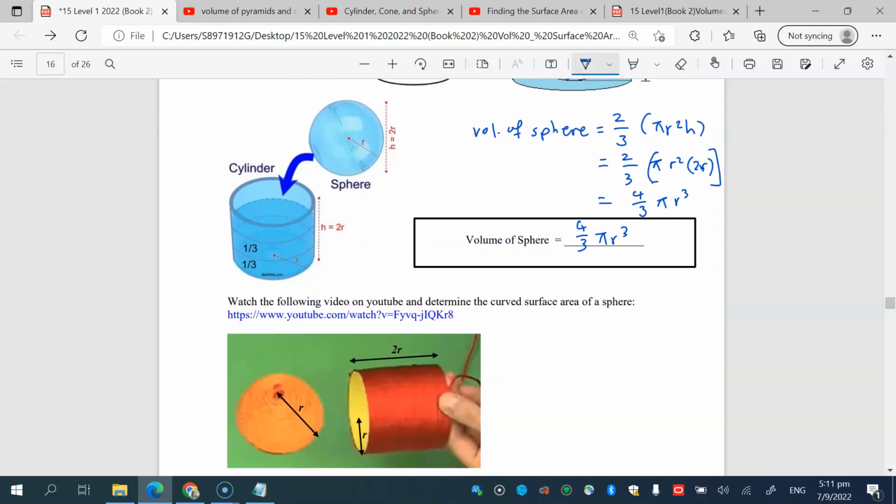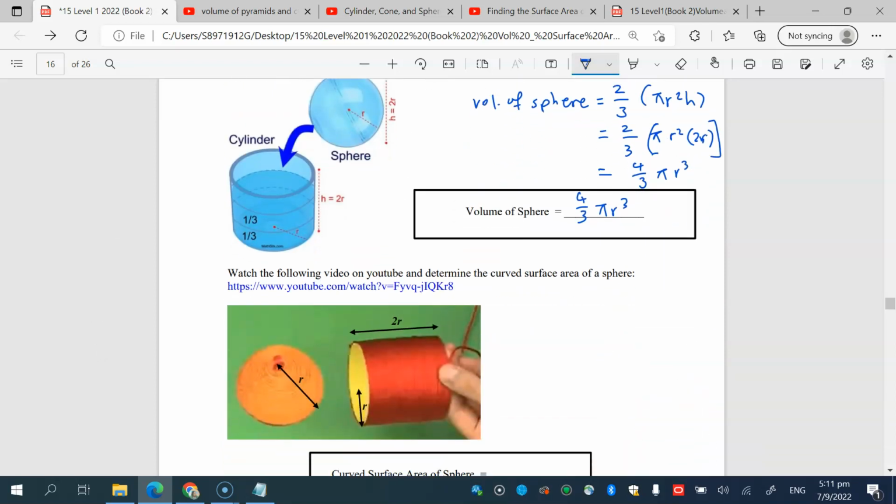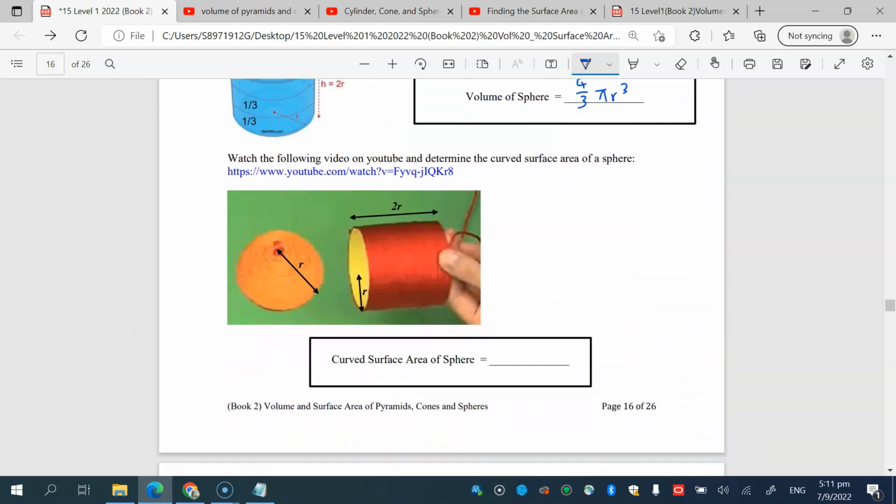On surface area of sphere, I hope you've watched this as well. In summary, the surface area of a sphere is 4 pi r squared. According to the video, they showed you how to find it for a hemisphere, which is half a sphere.